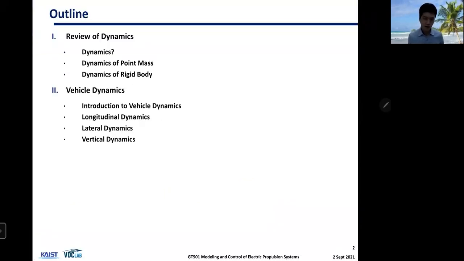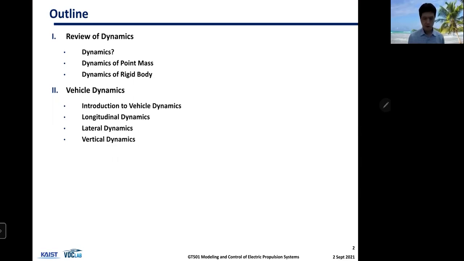The outline looks as follows. The first module is going to be a review of dynamics, and the second part is going to be vehicle dynamics.